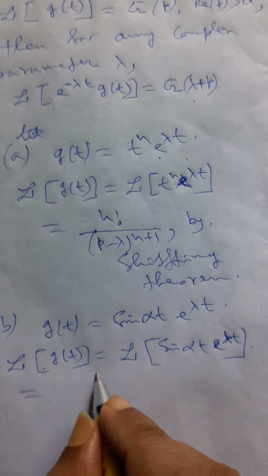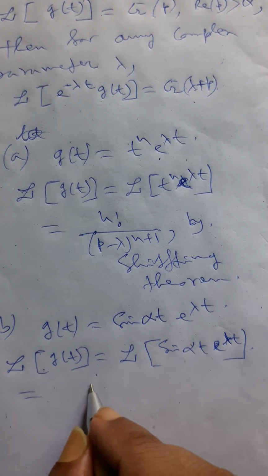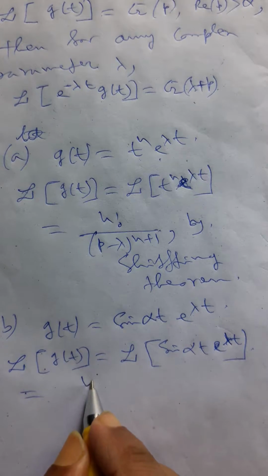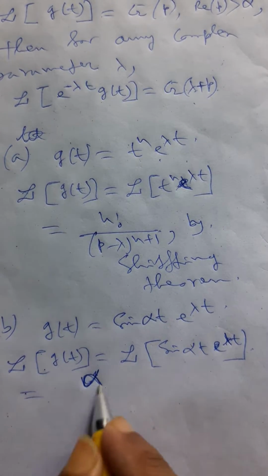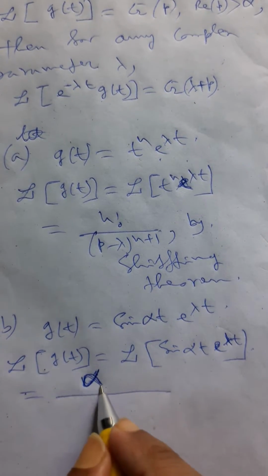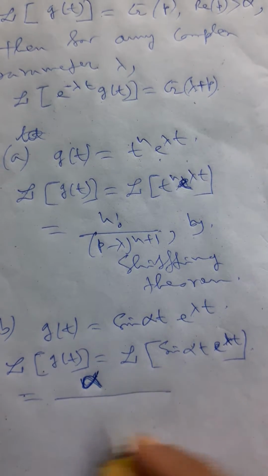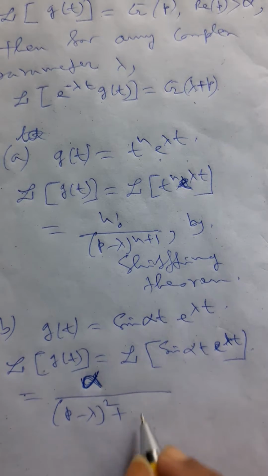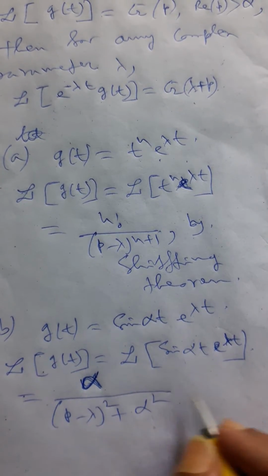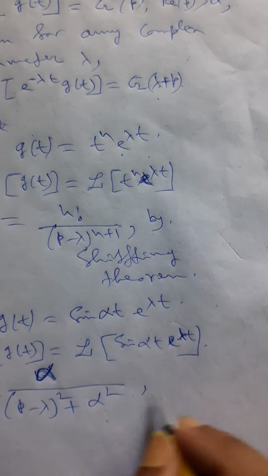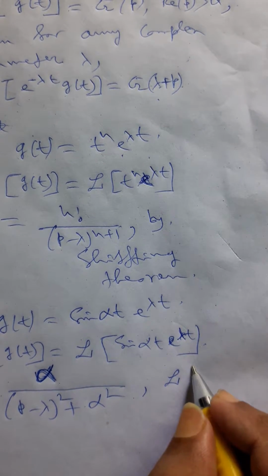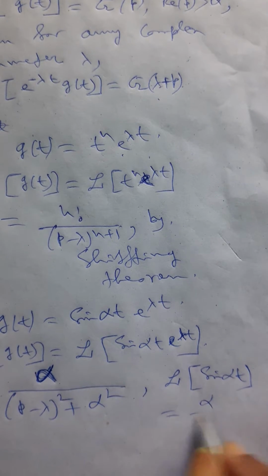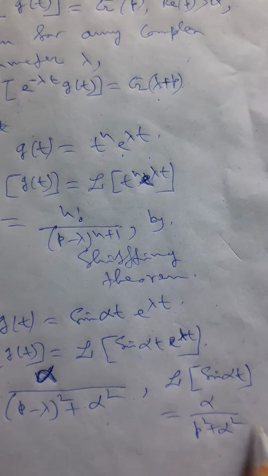So using the shifting theorem, the answer will be alpha by p minus lambda whole square plus alpha square, because generally the Laplace transform of sine alpha t is alpha by p square plus alpha square.